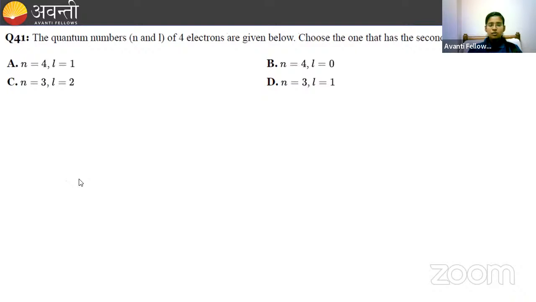Next, coming to question number 41. The quantum numbers n and l of 4 electrons are given below. Choose the one that has the second lowest energy.